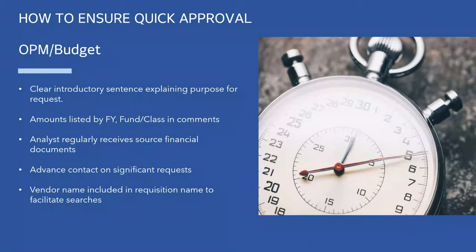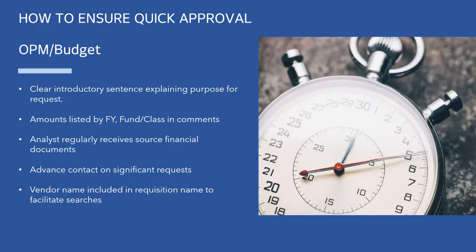So for example, if an agency is desiring to terminate a service type and or enter into a brand new contract of a sole source nature that has not been specifically addressed within the state budget, then it's better to reach out in advance to give us a little bit of a heads up and to allow us to enter into advanced discussions about it rather than pursue a requisition first.